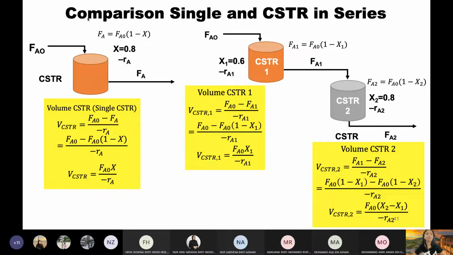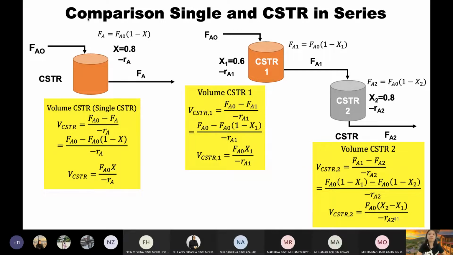Okay, now next. To understand the volume of the reactor, kamu kena faham. Previously we calculated the volume for single reactor to achieve the desired conversion. So we are going to do the same when we have reactor in series.